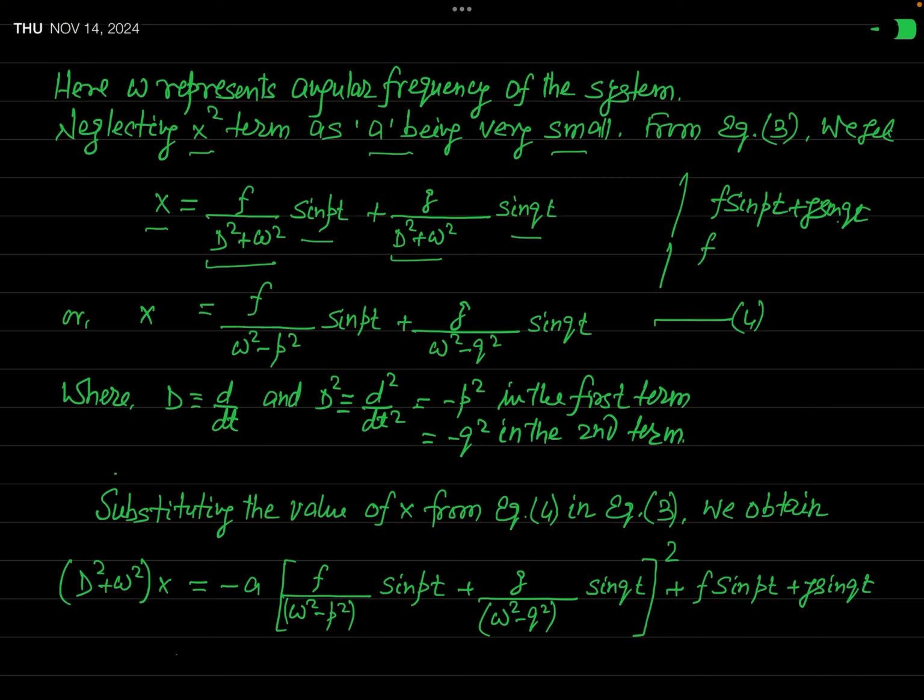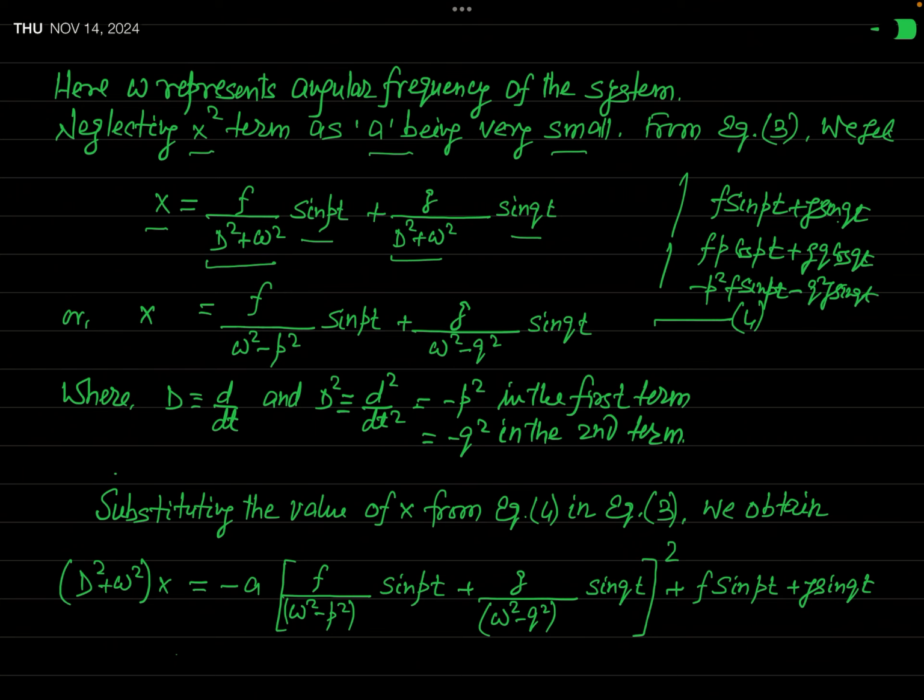So this will be f p cos pt plus g q cos qt. Now again, when you differentiate it with respect to t, this will be minus p² f sin pt and minus q² g sin qt.